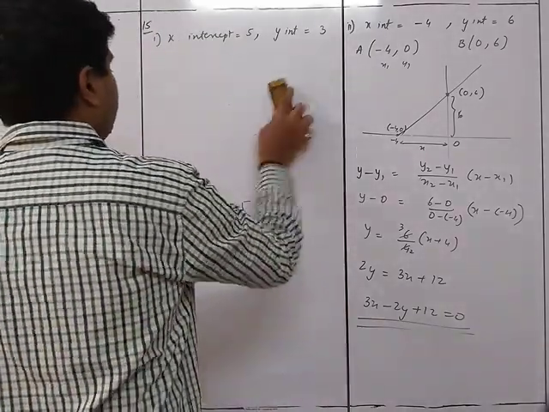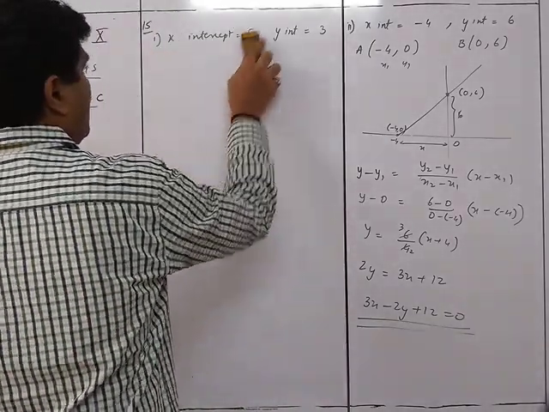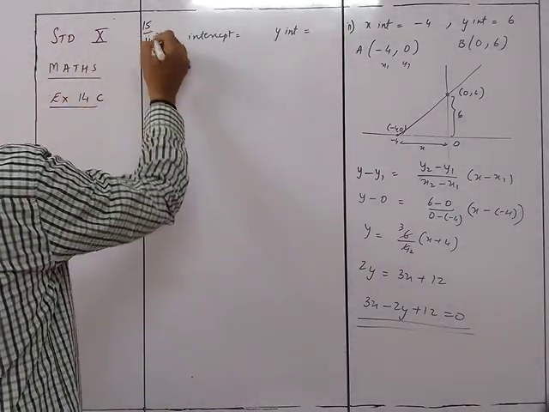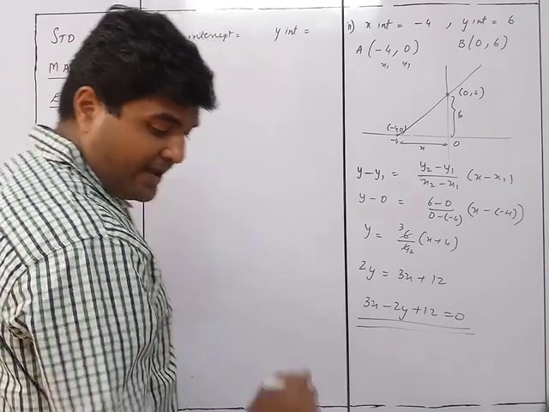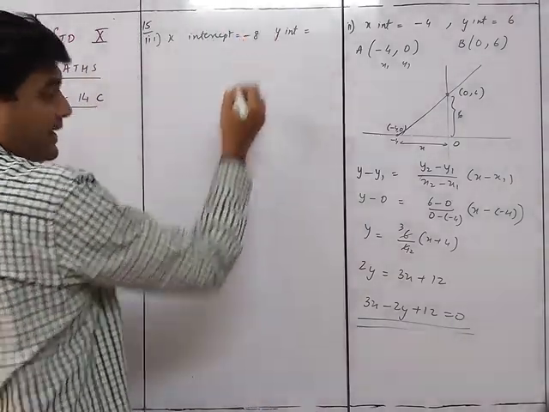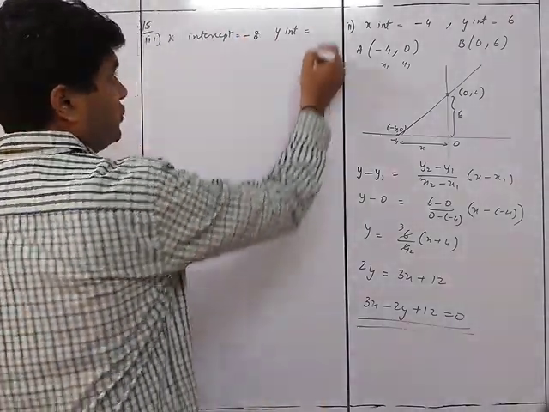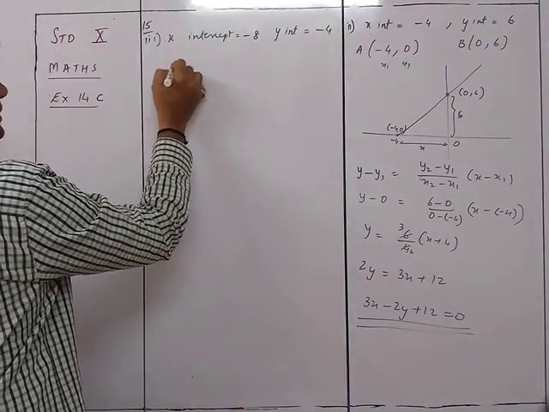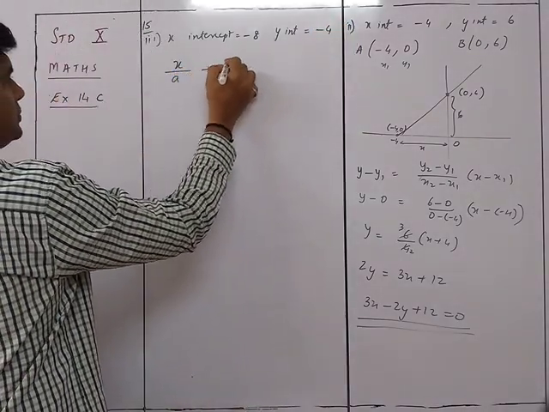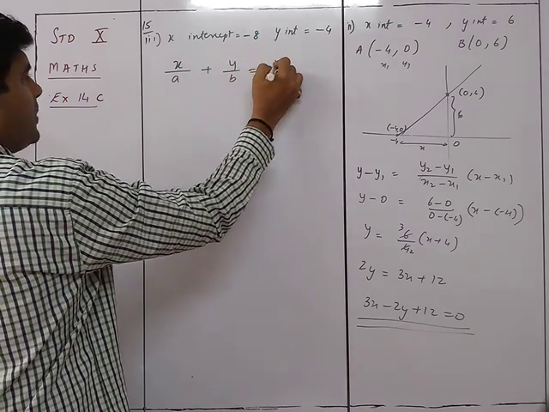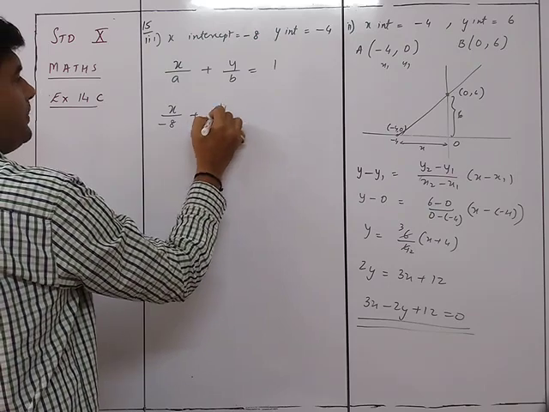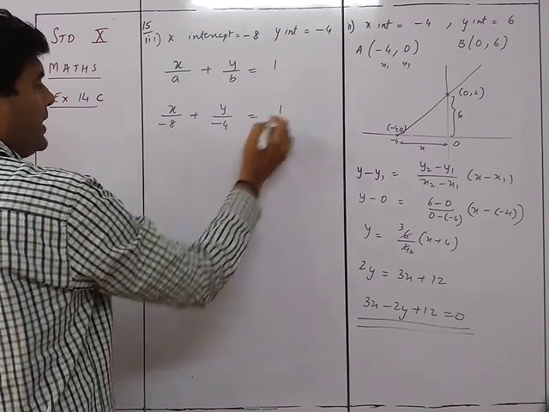The next one is the third sum, where we have the x-intercept and y-intercept given to us. In the third sum, the x-intercept is minus 8 and the y-intercept is minus 4. We see the same thing again. We'll use the old method, x upon a plus y upon b is equal to 1. So x upon minus 8 plus y upon minus 4 is equal to 1.